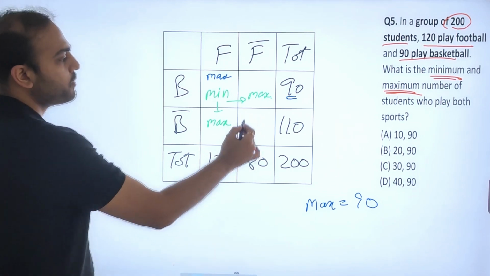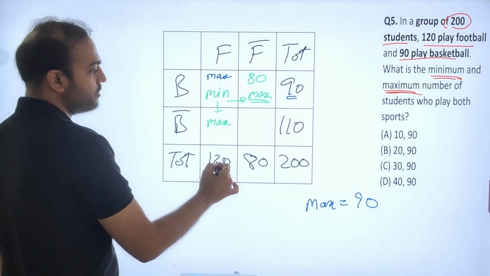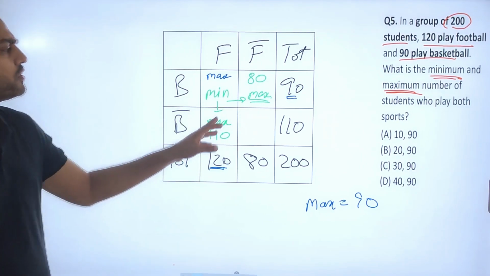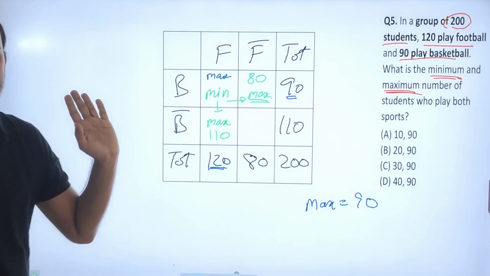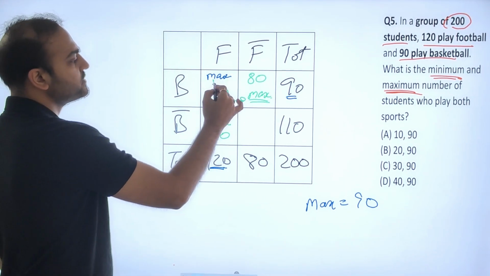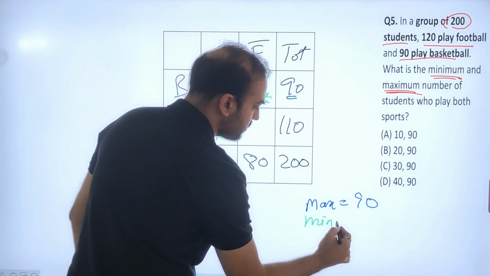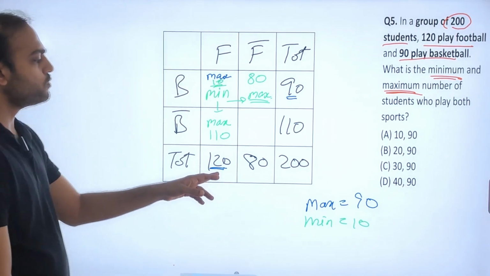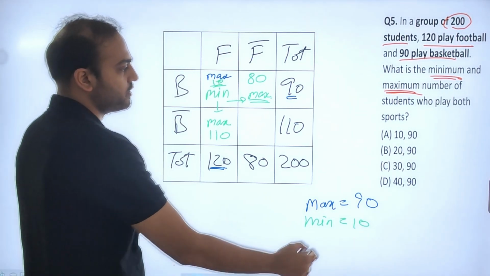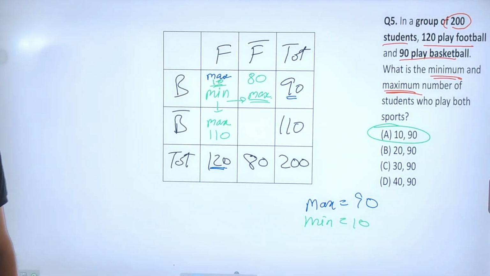So if I want maximum of this 80, 90, maximum is 80, 120, 110, 110. You don't need to do both, you can do one and then also find the answer. You can just do this as 80 and directly say 90 minus 80, 10. Minimum is 10. Or you can do 120 minus 110, again that is 10. So the minimum is 10, maximum is 90.